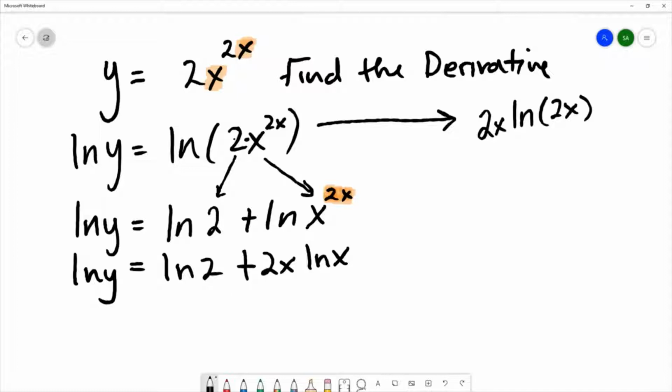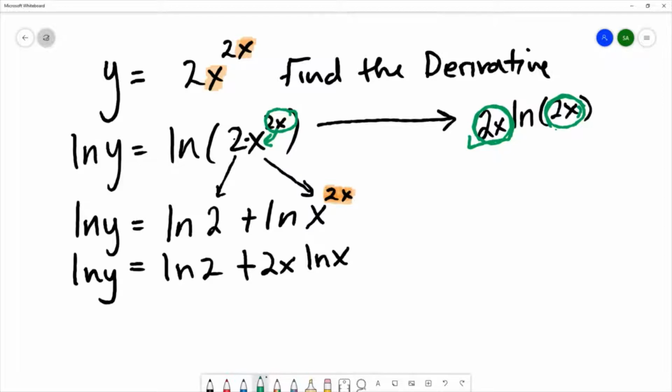I want to talk about the reason why this is an incorrect step. When you have a coefficient on the front of that log, that whole thing is the power on what's inside the logarithm. And you can see that by our statement here, this 2x is only attached to the x.